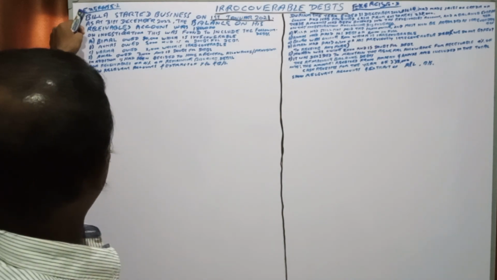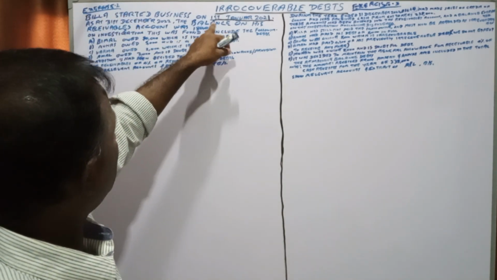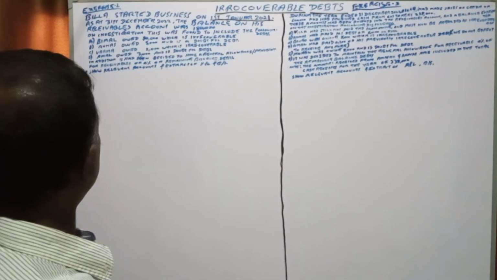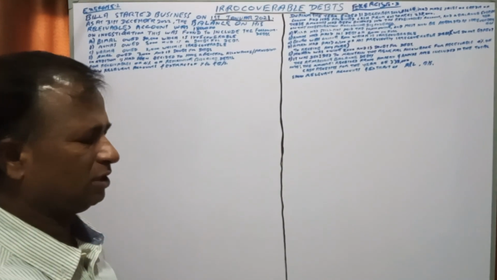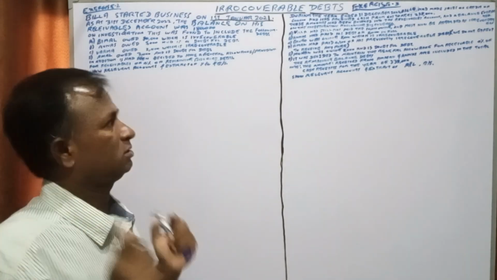As at 31st December, the relevant balance on the receivables account was 180,000. Normally the financial period consists of 12 months.